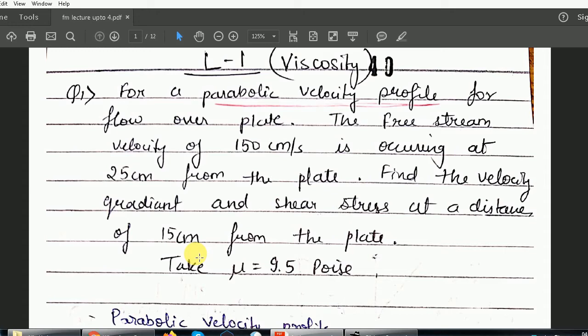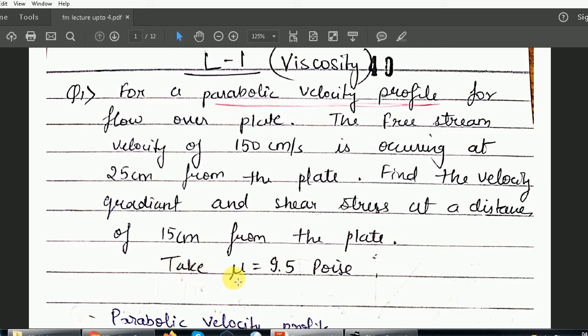So the first question says that for a parabolic velocity profile of flow over a plate, the free stream velocity of 150 centimeter per second is occurring at 25 centimeter from the plate. Find the velocity gradient and shear stress at the distance of 15 centimeter from the plate.